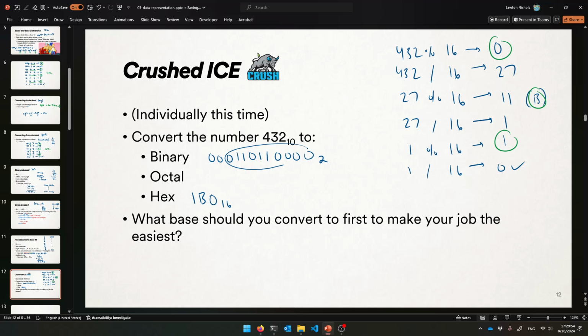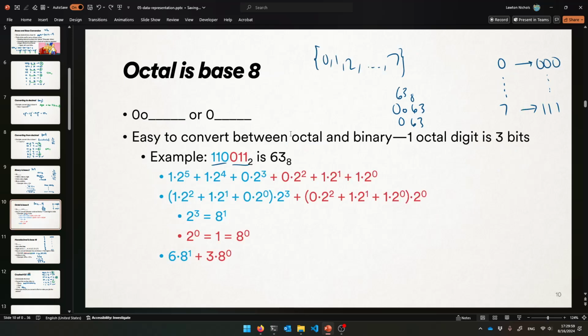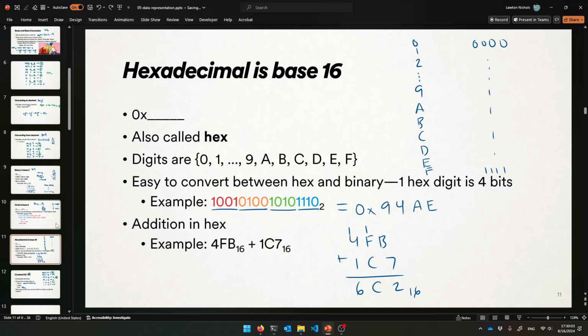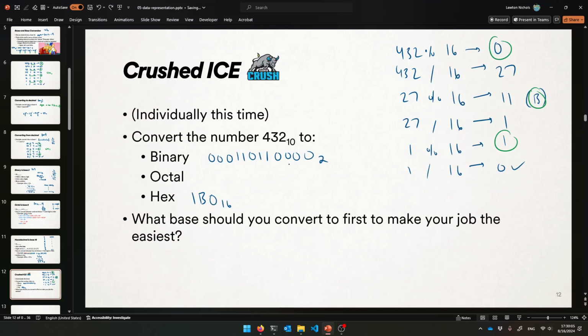Okay. And then we can easily go from this to octal, because every 3 bits corresponds to an octal number. We just start from the right, always. Okay. So here, we're just going to circle chunks of 3 bits. That one, that one, that one. And then the zeros don't really do anything, so we don't really need to convert that to anything special.